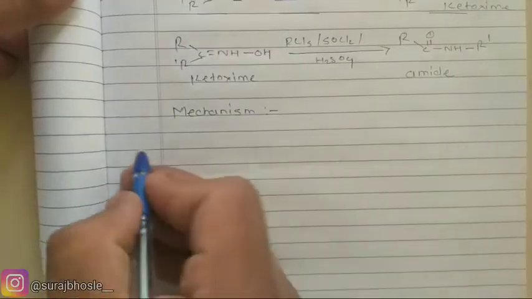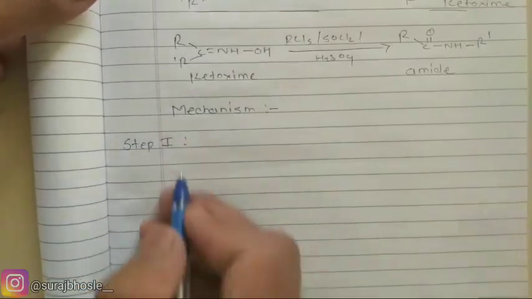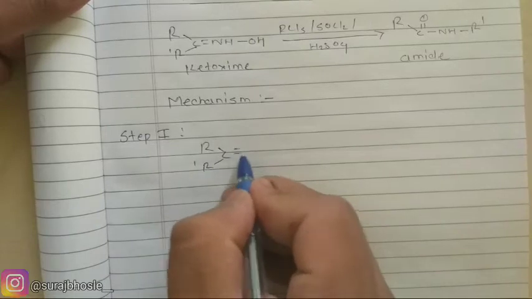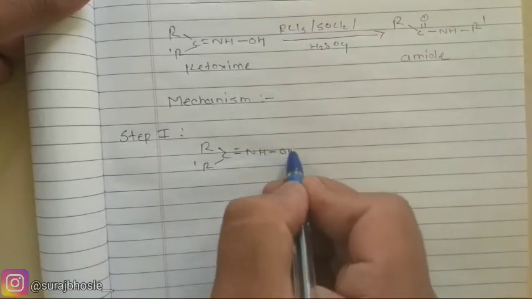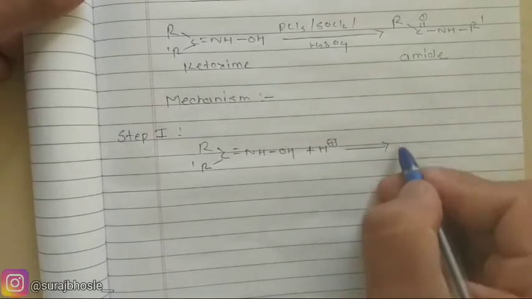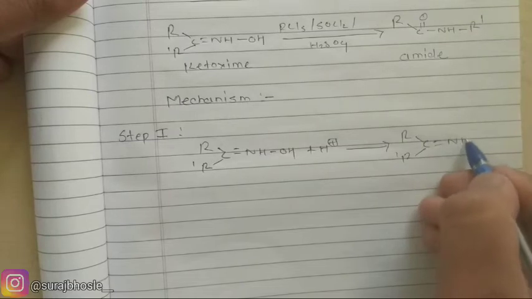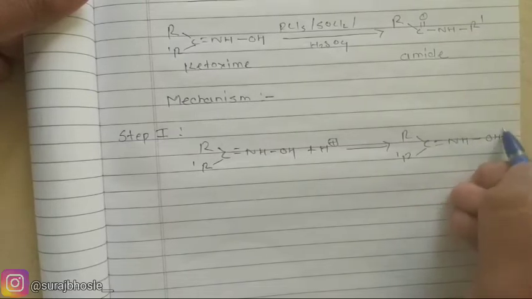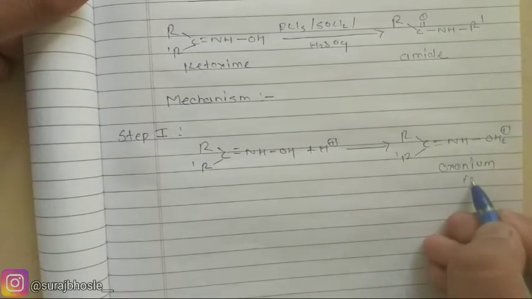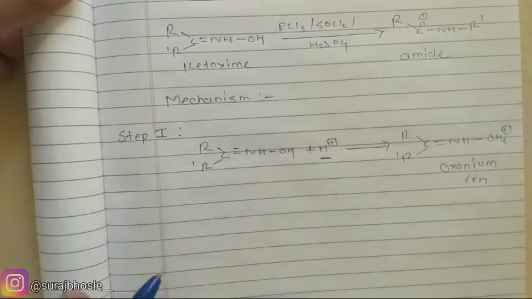In step 1, the ketoxime undergoes protonation to form an oxonium ion, OH2 plus. The oxonium ion is formed by the protonation.